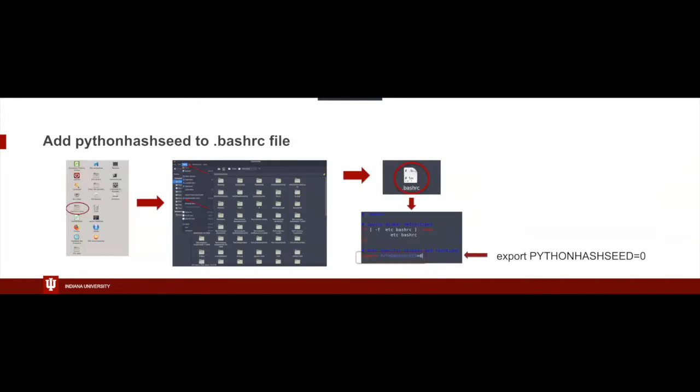Okay. We are going to add 1 line to an existing file. So go and open your home directory. You'll see the name home on your research desktop. So double click that and your home directory will open. Then go to view, show hidden files, because all the files that start with a dot are hidden. So we have to see them before we can edit them. So then scroll down until you find a file called .bashrc. Has everyone found that?